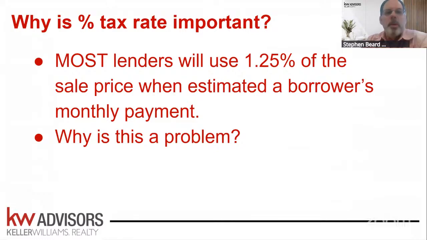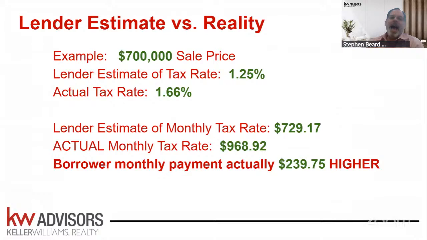And it can be a problem because if the actual tax rate is 1.6% and the lender's estimate of the tax rate is 1.25%, then the monthly payment that the lender estimates is going to be too low compared to what it actually is going to be if your borrower buys it. Some lenders are a little sloppy about this.